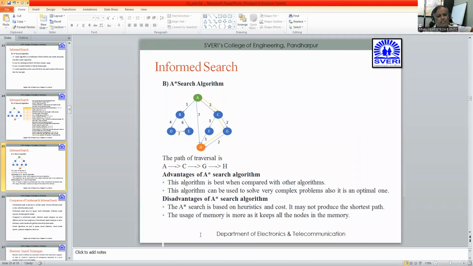What are the advantages and what are the disadvantages? Still we have not found any algorithm that does not have a disadvantage. Every search algorithm will have advantages as well as disadvantages. So depending upon the application, depending upon the search, you can use any one particular strategic search algorithm in a particular application.